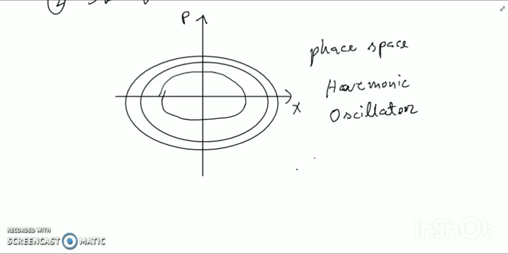For example, this one: the system starts to move from this initial condition onwards with time. And different trajectories are different.